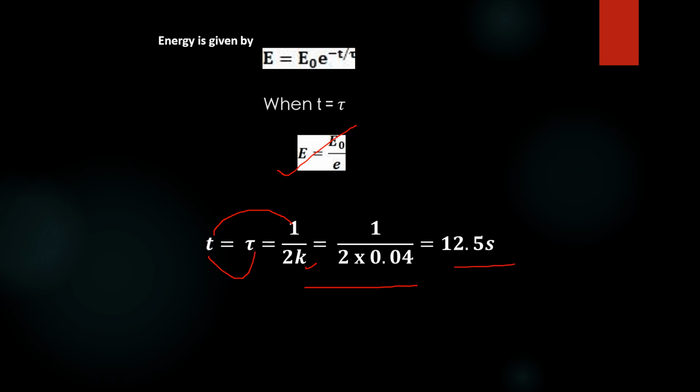Please note that relaxation time is the time when the energy reduces to 1 by e times, and it is 1 by 2k. 1 by k is not the relaxation time. 1 by k is the time required for the amplitude to reach 1 by e times its initial undamped value, whereas 1 by 2k, which is the relaxation time, is the time required for the energy to reach 1 by e times its initial undamped value.